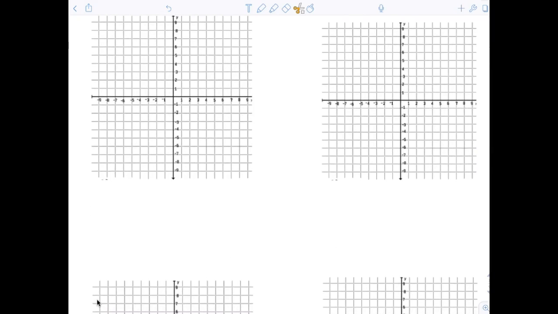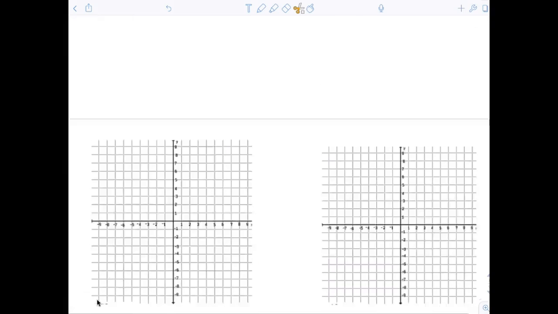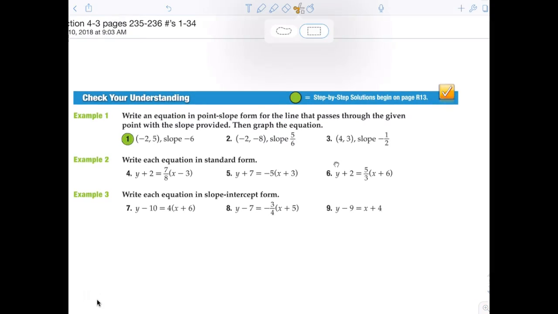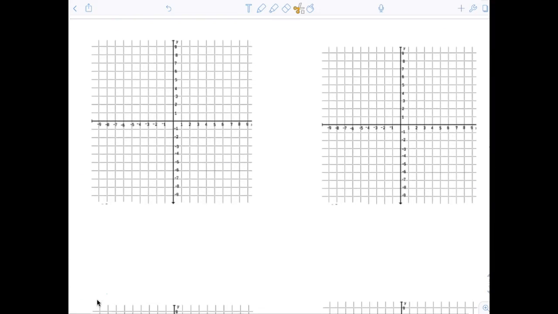I'm just going to fill in question number 1 right here. And if you want to highlight it, that'd be good. And now let's talk about it.